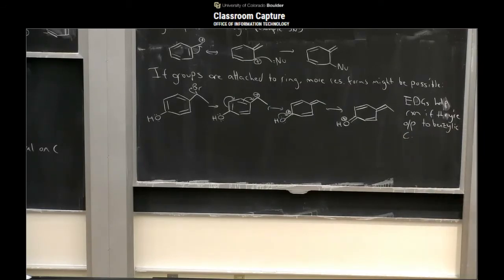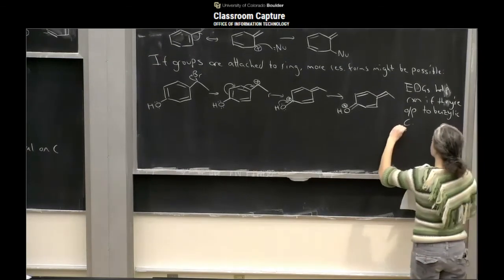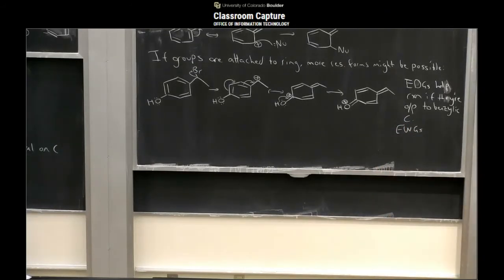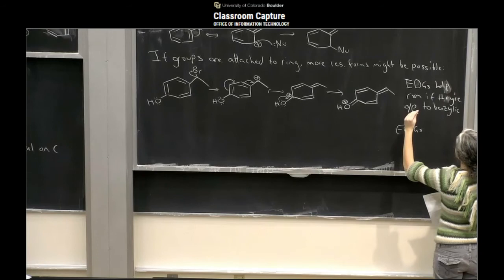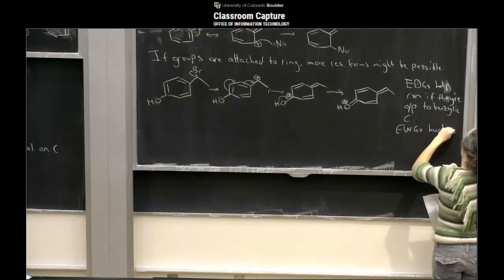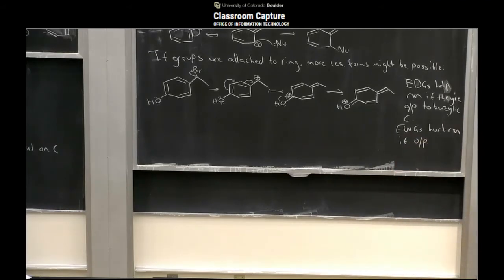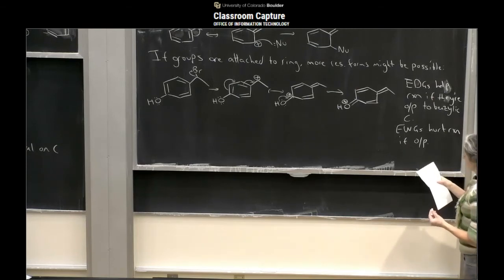Conversely, electron withdrawing groups are going to hurt the reaction if they're ortho or para to the benzylic carbon. And for both of these groups, if they happen to be meta, they're still going to affect the reaction rate just slightly, but it's nowhere near as much, because then it's just up to induction rather than straight up resonance forms.